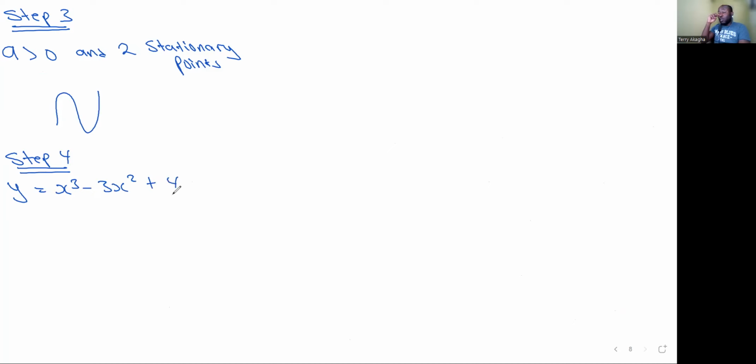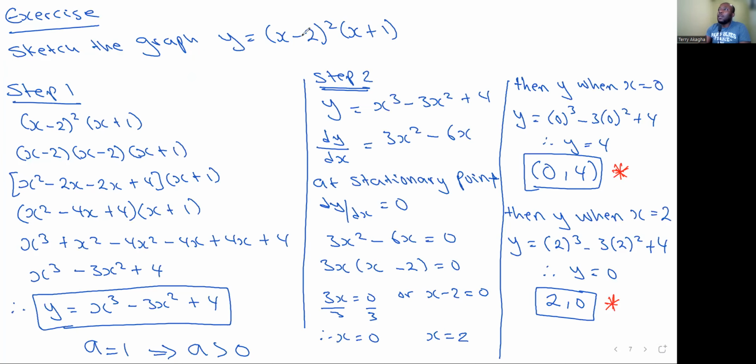All right, so I showed you how to factorize. Remember, when you factorize at y equals 0, I showed you 4 methods to do that. But in this question, they've already factorized it for you in the beginning. If you remember, it was x minus 2 squared times x plus 1.